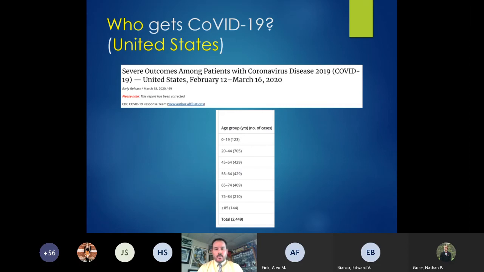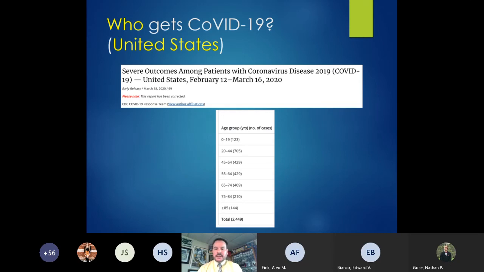Who gets it? Well, what I want you to focus on here from these numbers from the CDC, and again, they're now a couple weeks old, but look at the numbers in parentheses in this little table. You can see that out of 2,449 cases, and this was in the US between February 12th and March 16th, the age group with the most cases was the 20 to 44 age group, 705 cases, compared to the other groups.